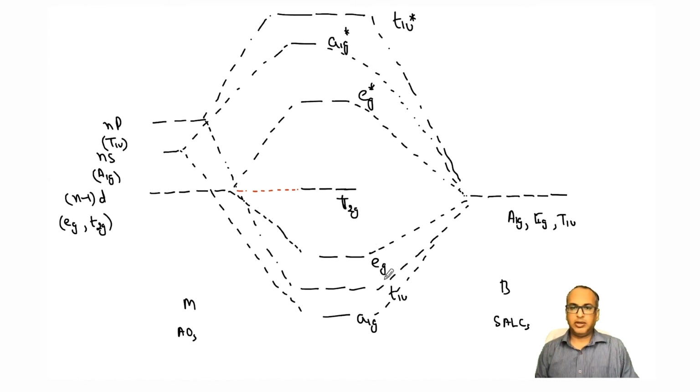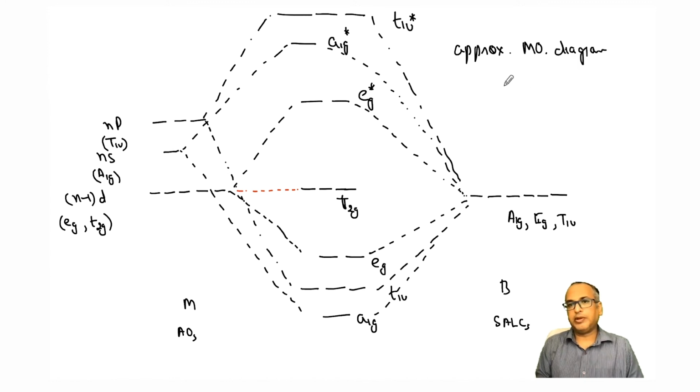This is bonding orbital and this will be non-bonding orbital, right? So this is an approximate MO diagram for OH symmetry molecule, right?